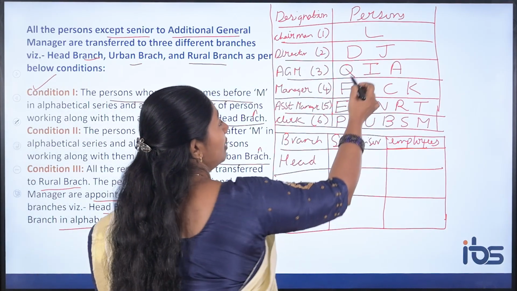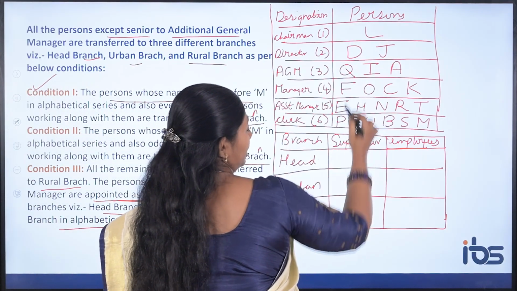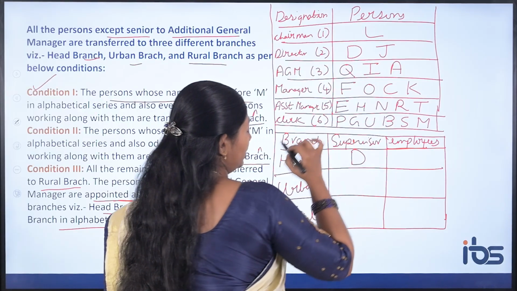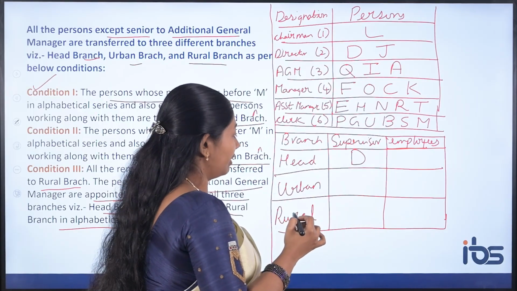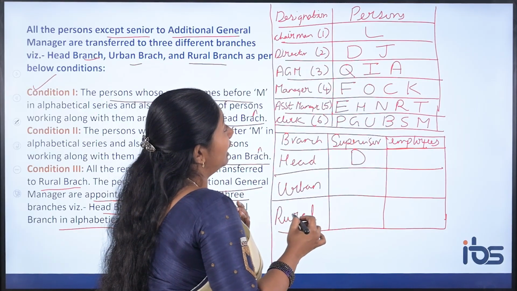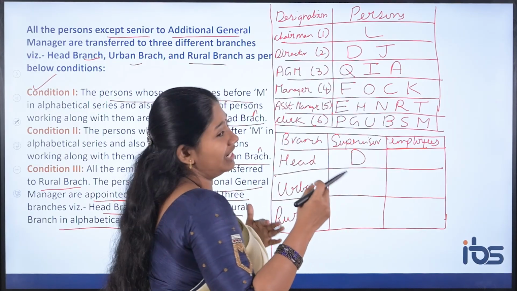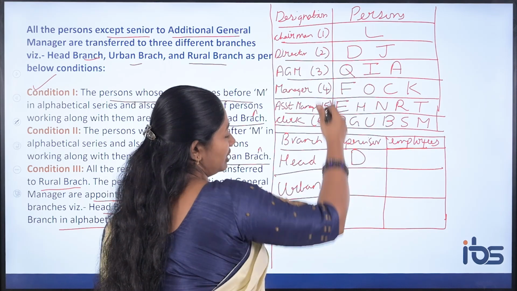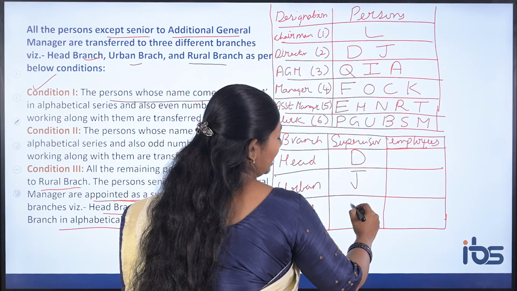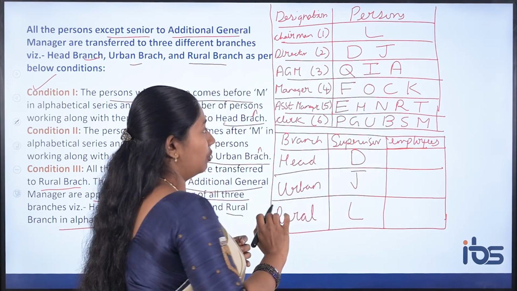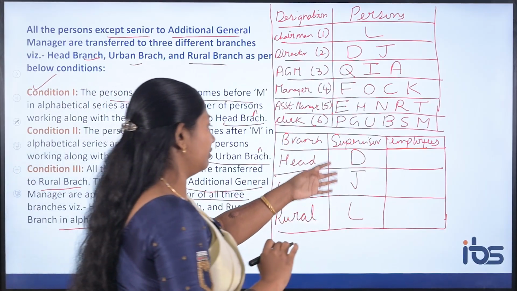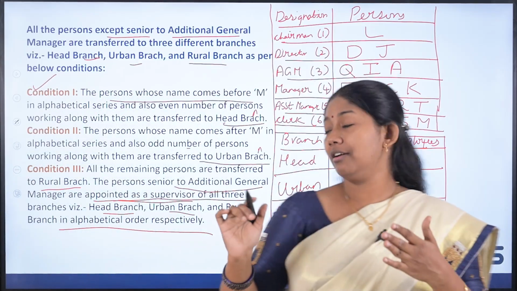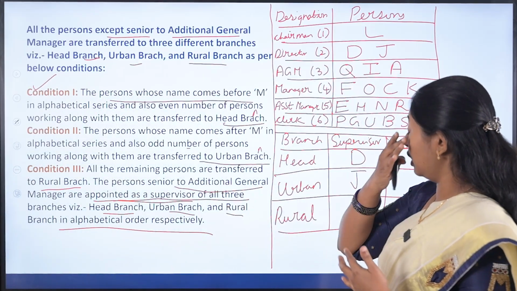So who comes first? D, L, J, D will come first. So I have arranged D as supervisor of head branch. Then you can see H, I, J, K, L, so next comes J, K, L. So these 3 persons are over. We have given them as supervisors for head, urban and rural.